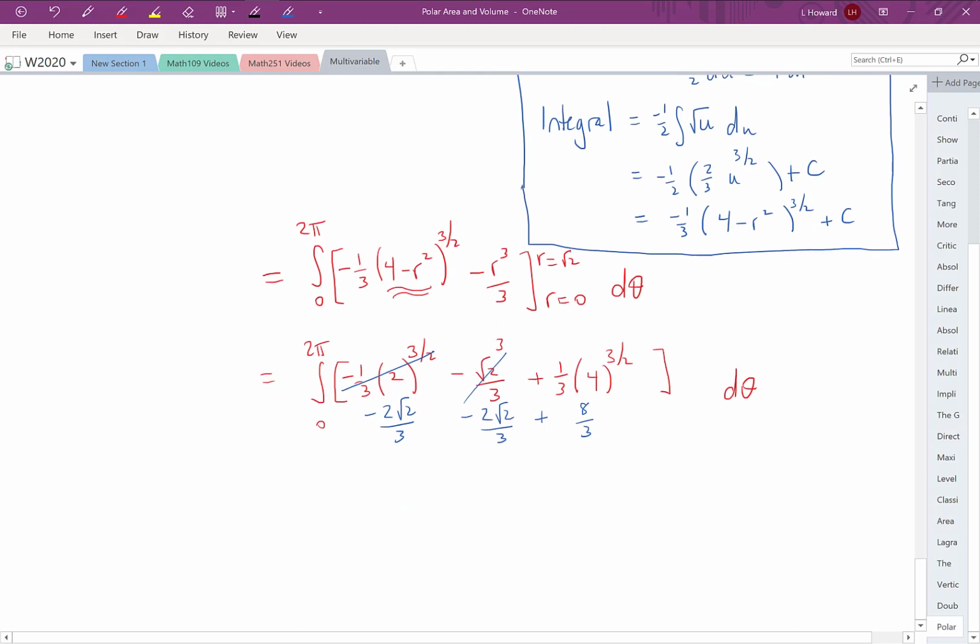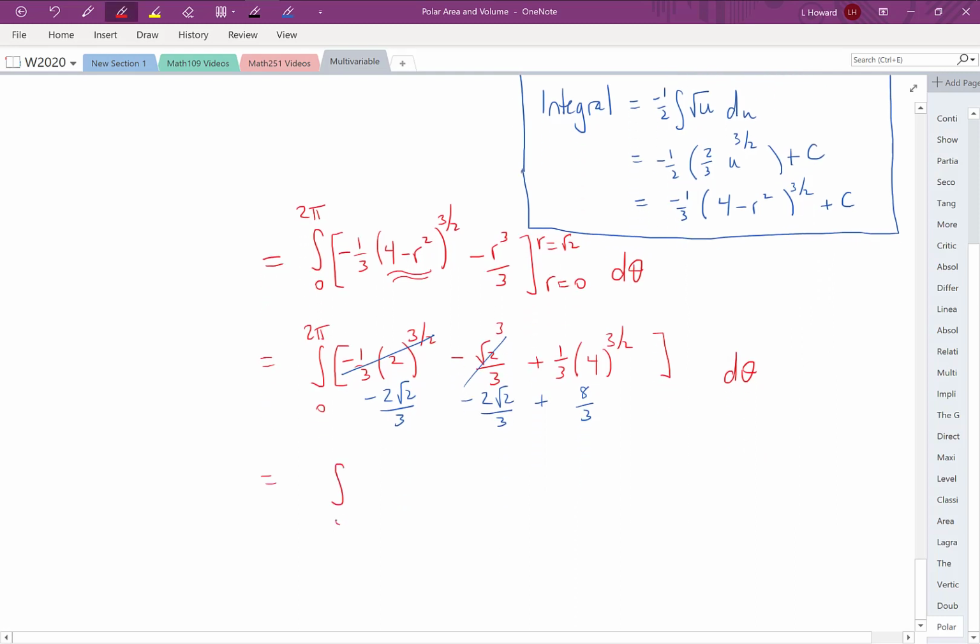All right, so in other words, we have the integral from 0 to 2 pi of (8 minus 4 root 2)/3 d theta. Now notice that there's no theta in this integrand. So this is just like integrating a constant.